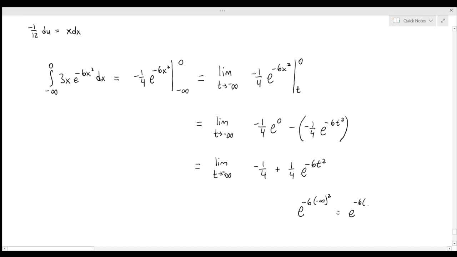And then times the negative 6, that's going to make it negative in the end. And then when you have e to a power of negative infinity, that is going to be equal to 0. Okay.